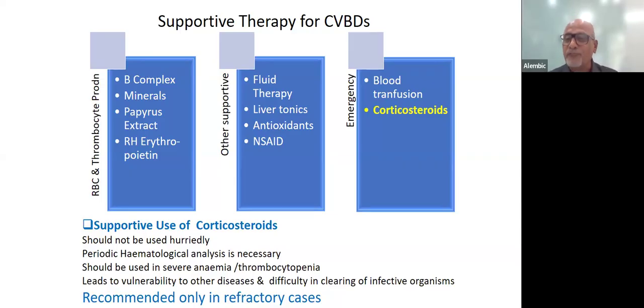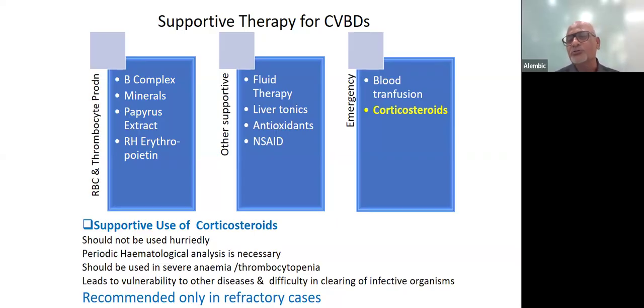are used. But my friendly suggestion to all of you is that don't use corticosteroids in haste. Use it very, very judiciously, because you just monitor the hematogram of that particular dog on a regular basis, and if it is deteriorating, if it is reaching a life-threatening situation, yes, you can give corticosteroids.